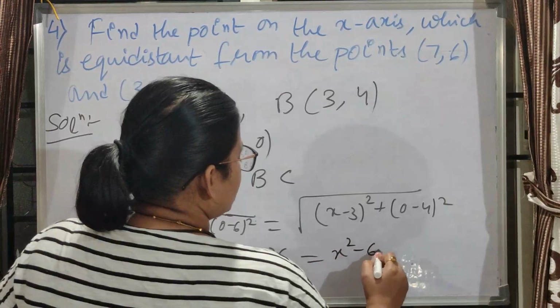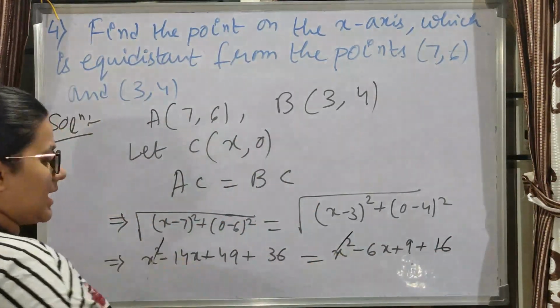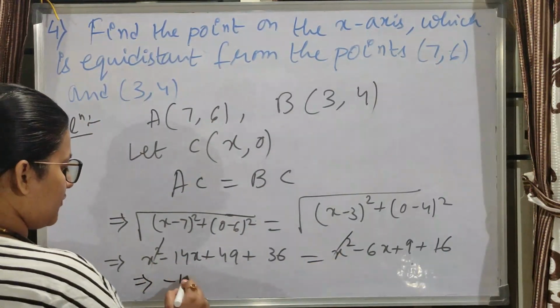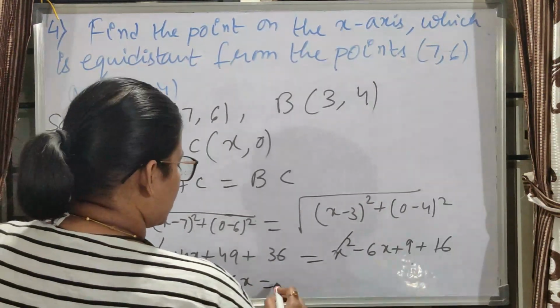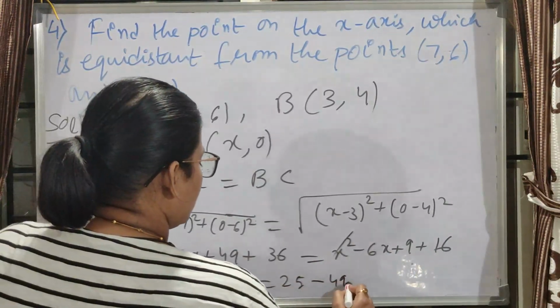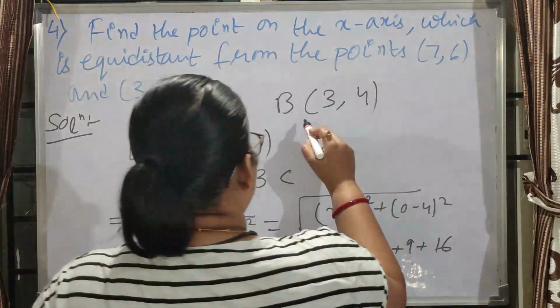It is x square minus 6x plus 9 plus 16. So x square will get cancelled from both sides. Okay, so minus 14x plus 6x is equal to 9 plus 16, which is 25, minus 49 minus 36. So I am writing here.